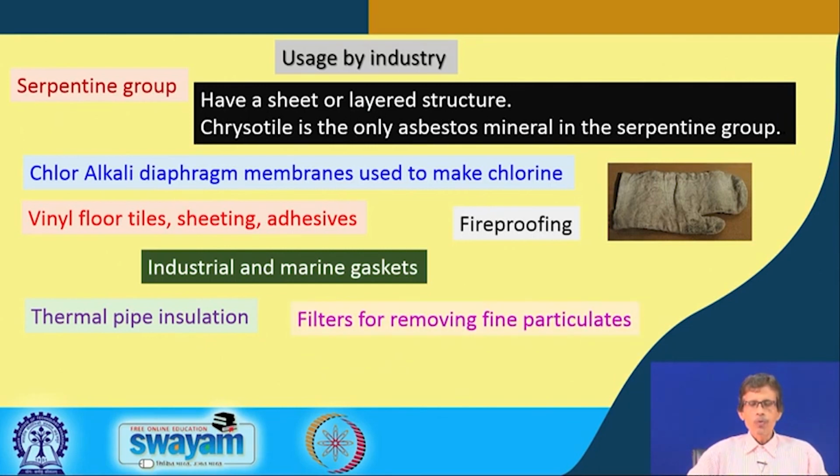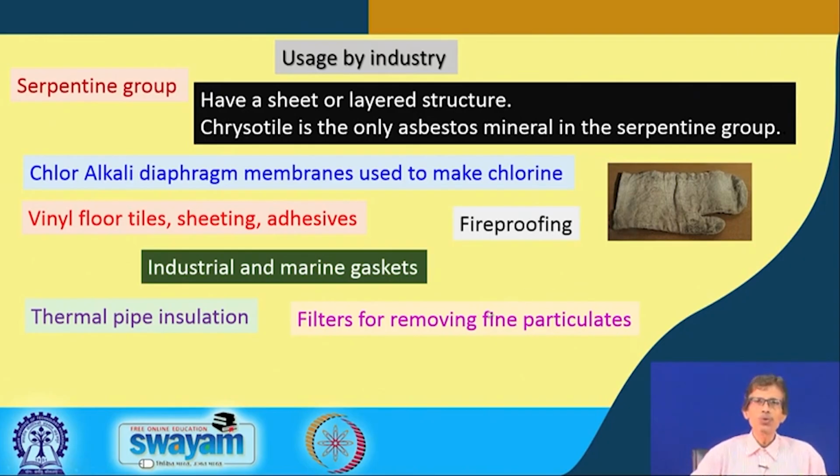Then filters for removing fine particles. Just now we saw the membrane or diaphragm making process for the preparation of chlorine. If we can uniformly put those asbestos fibers and have some threading of them, a fine mesh size can be generated such that only small particles, of a particular mesh such as 10 or 20 mesh size, can pass through that membrane and others will be retained.